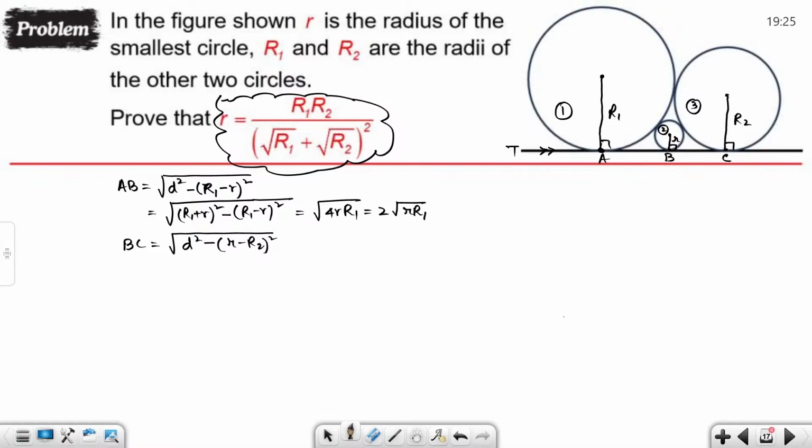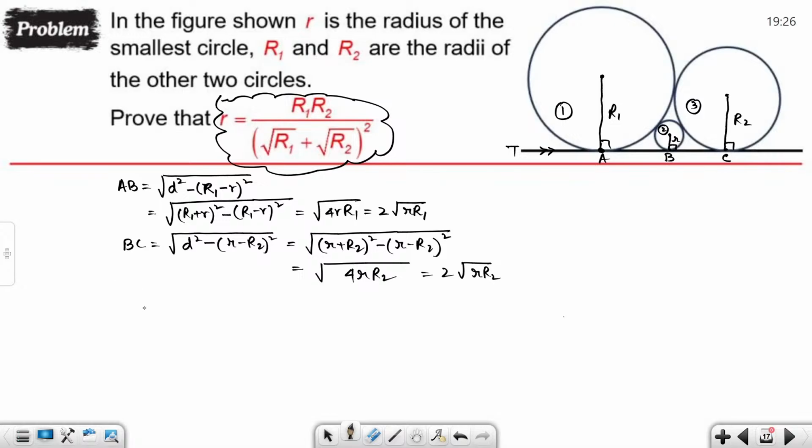What is d? d is the distance between the centers of the circle 2 and 3, which in this case is basically (r plus r2) whole square. Am I correct? So now if I open this, what we are going to have? It's 4 r r2, that gives us 2 times root r into r2, right?